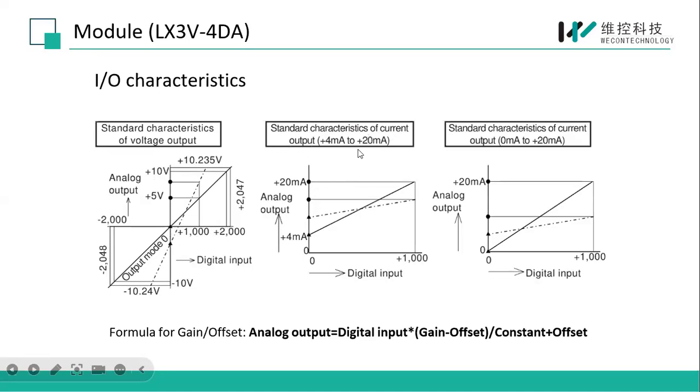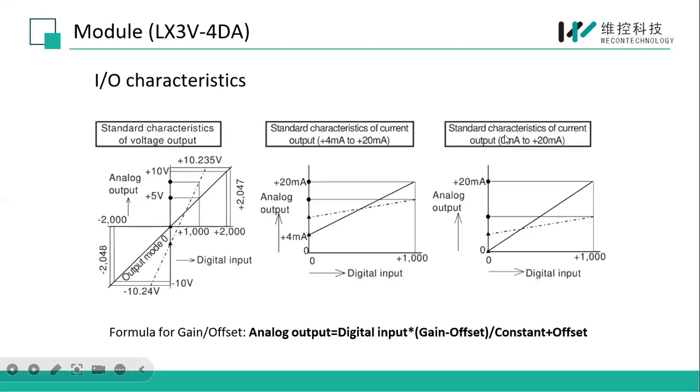And for current output, there are two modes. For 4 milliampere to 20 milliampere, the standard characteristic is that when the digital input is 0, the module outputs 4 milliampere. And if the digital input is 1000, the module outputs 20 milliampere.